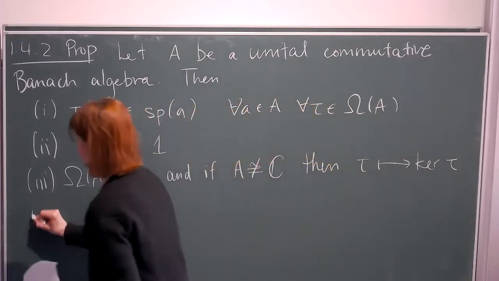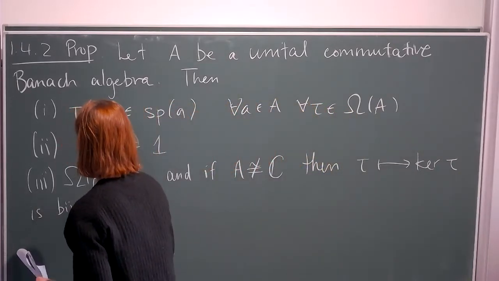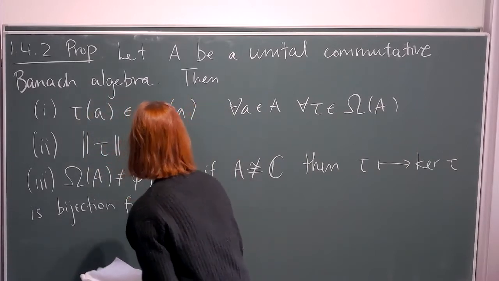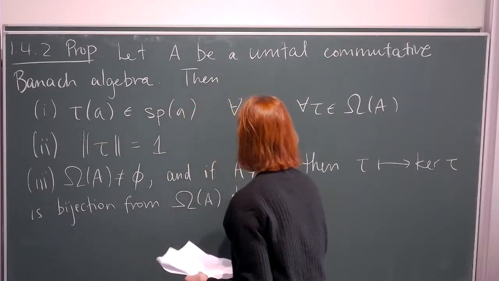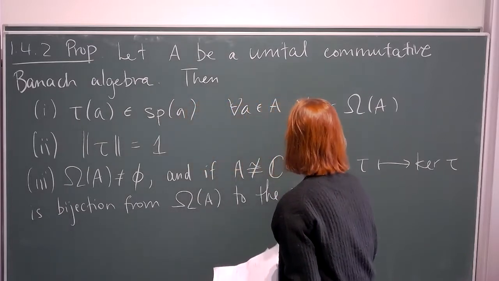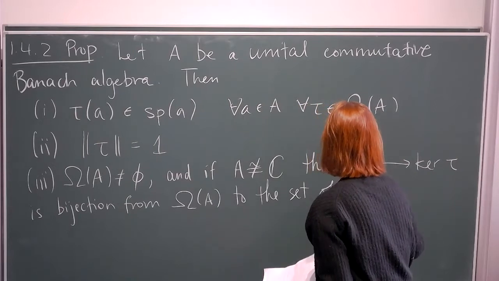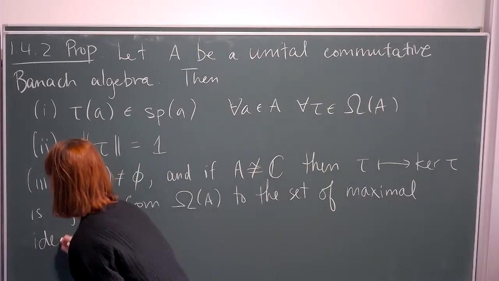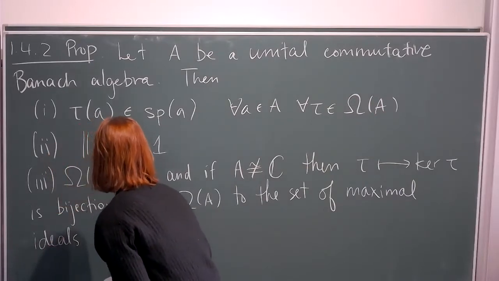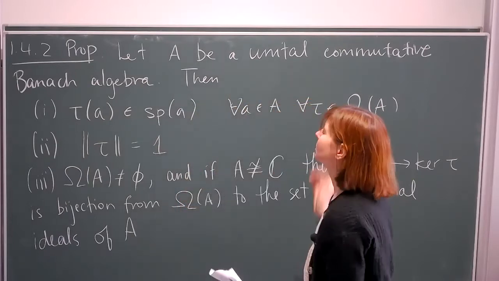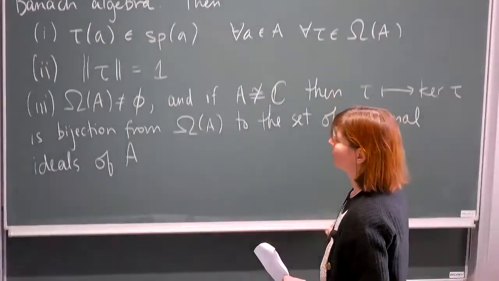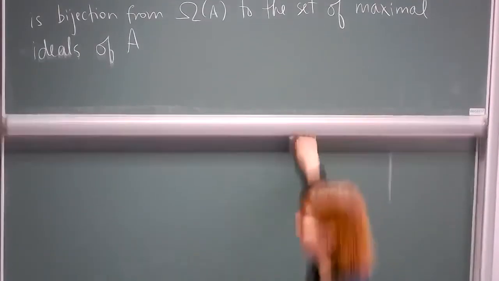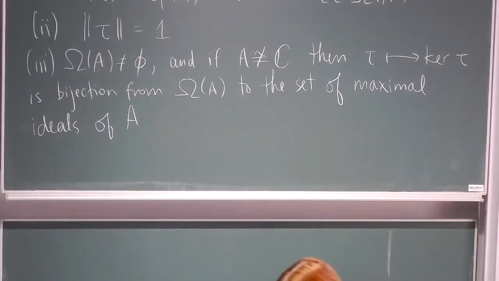And this is a bijection between the character space and the maximal ideals of A.